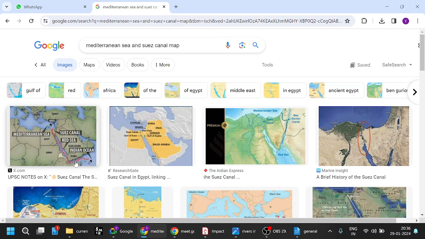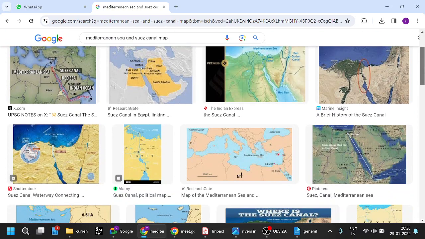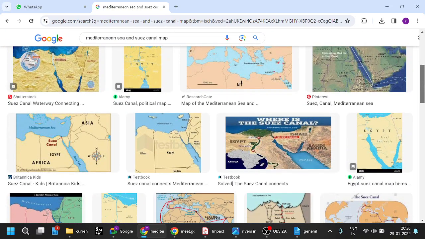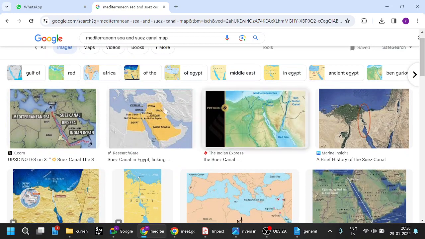Okay, here we have Gulf of Oman, etc., Persian Gulf and everything, even that is important. But for now, look at all the countries that are surrounding Mediterranean Sea. Okay, on one side you have Turkey, Italy, Europe, Greece, etc. Here you have Egypt, Sudan, etc., North Africa, and here you have Saudi Arabia, Red Sea.